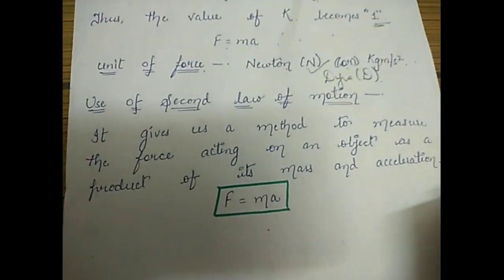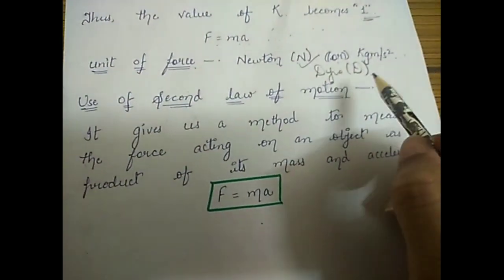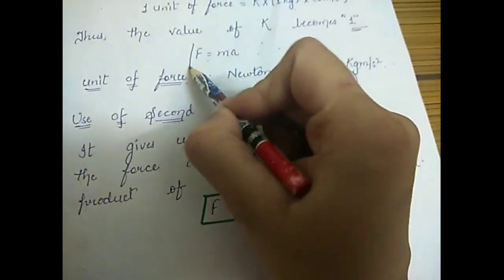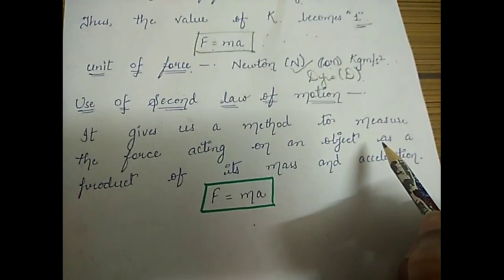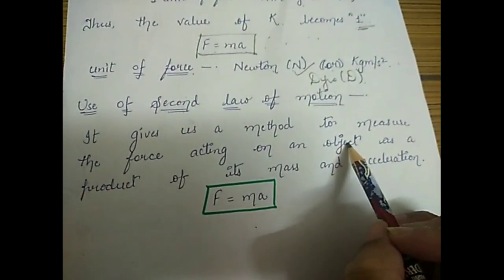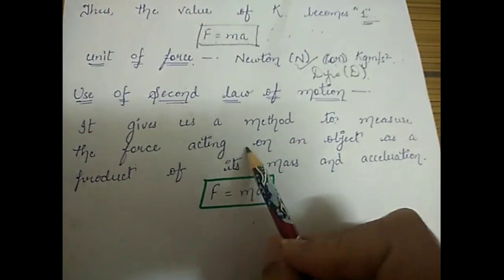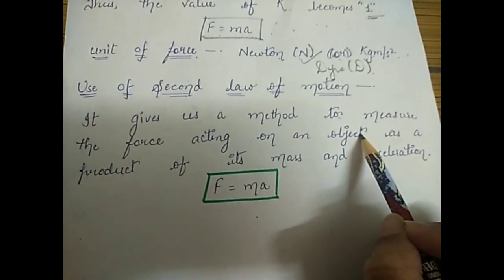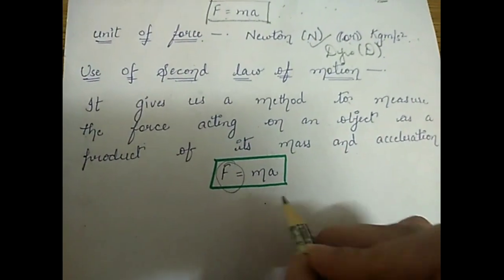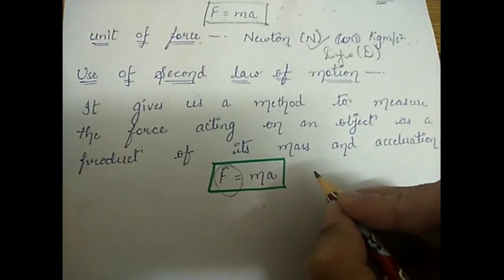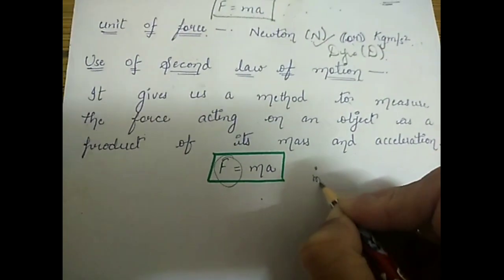Now what is the use of the second law of motion? What is the use of this equation? It gives us a method to measure the force acting on an object. Suppose there is an object of mass m.